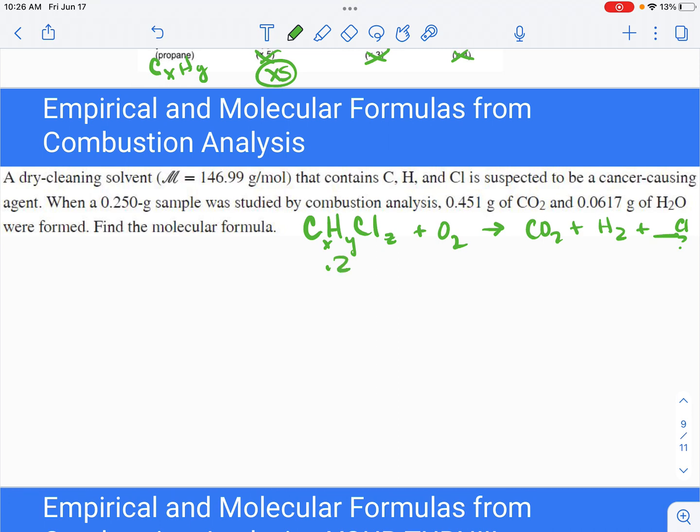All right, so I know that I started with 0.250 grams of the compound, and I formed 0.451 grams of CO2, sorry, this is H2O, and 0.0617 grams of water. And I want the molecular formula. They gave me the molecular mass, so if I want the molecular formula, I need the empirical formula first.